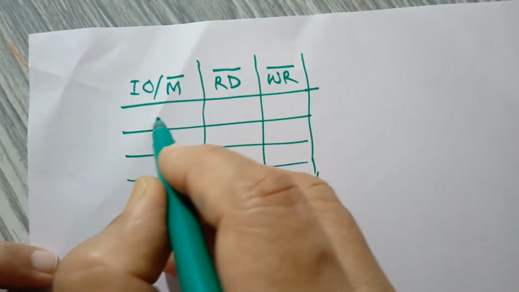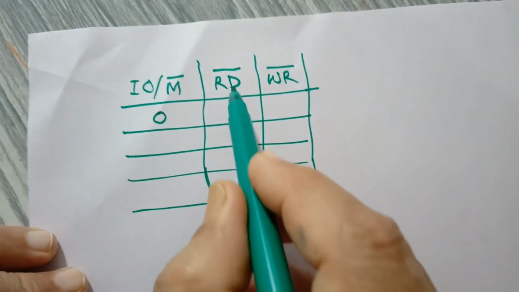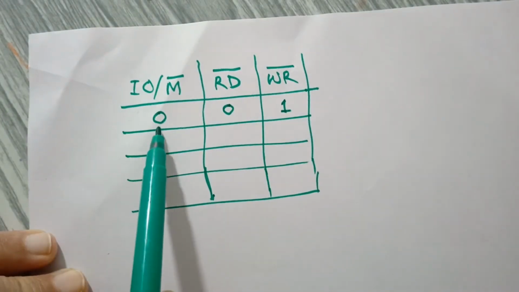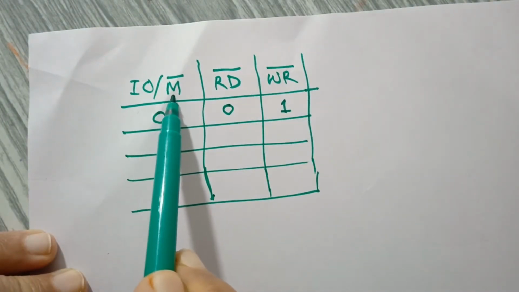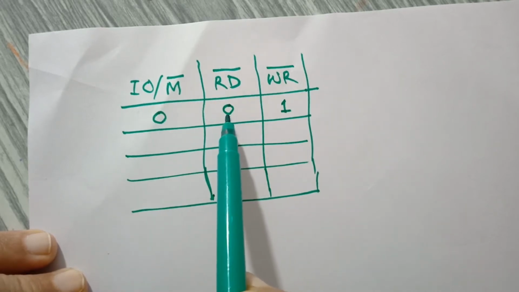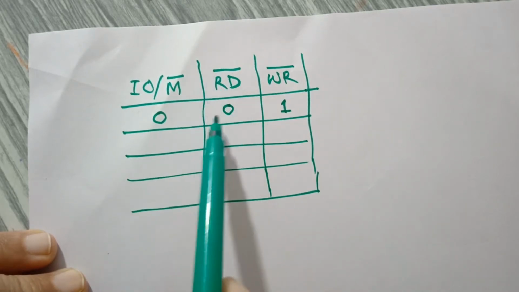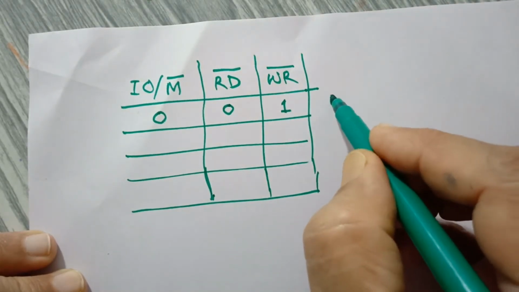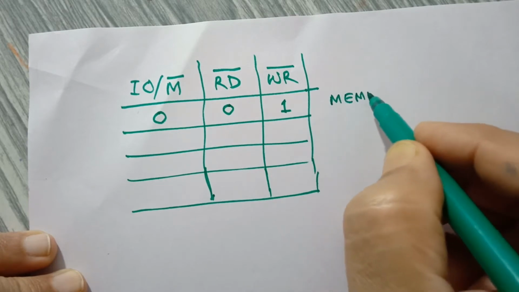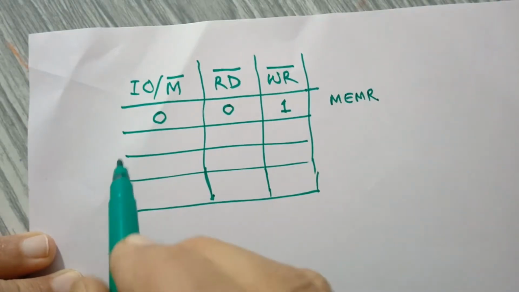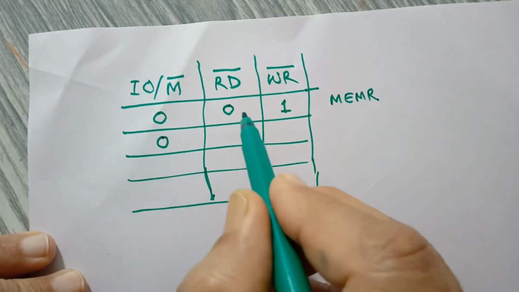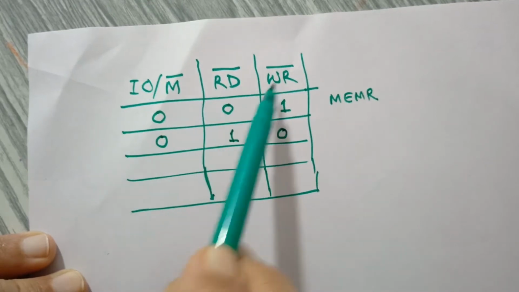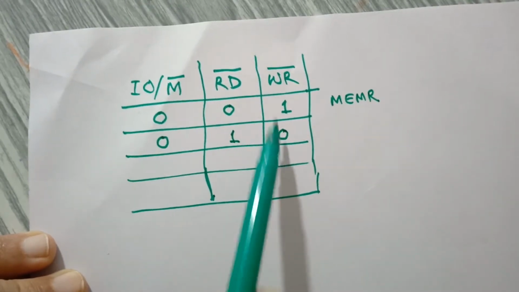See, if this is a 0, and this is 0 and this is 1, what does this 0 mean? It is memory. This 0 means active low, so it is a memory read and no write operation. Now if this is 0, this is 1 and this is 0, both of them are active low, so which operation will be possible here?